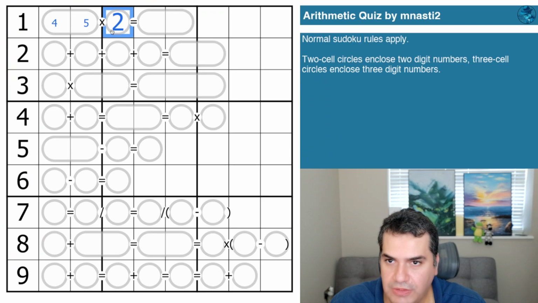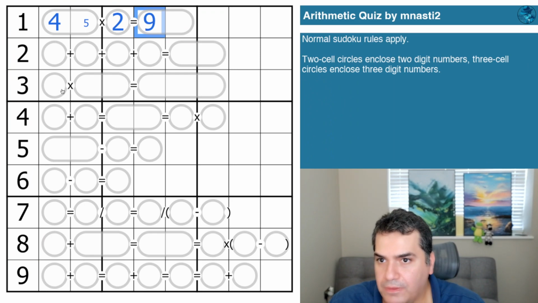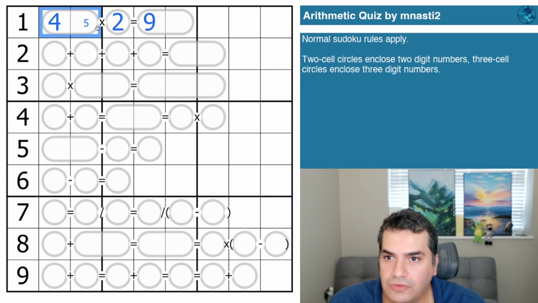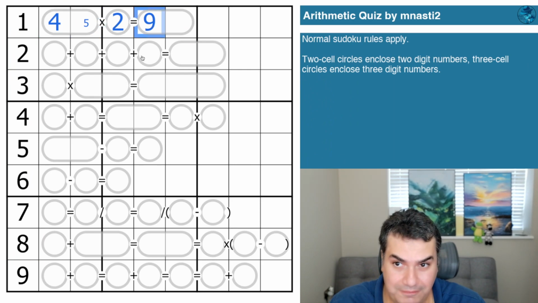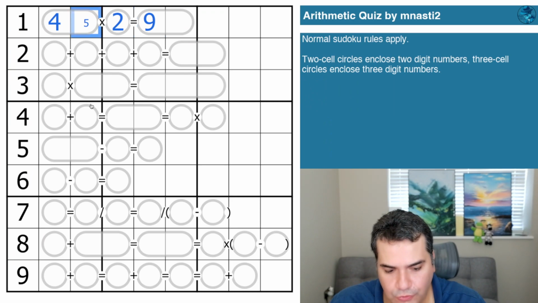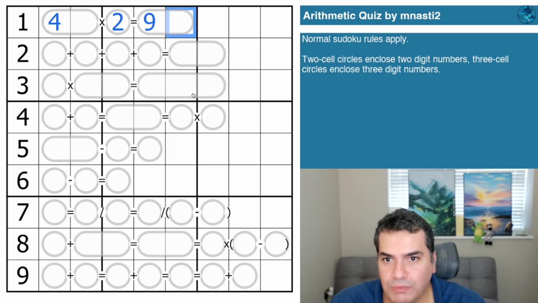So this is definitely a 2, this is definitely a 4, and I'm going to say this is definitely a 9, because whatever this is, it's a number greater than 45 multiplied by 2, so it is definitely 90 something. Now, it's not 45 because 45 times 2 would be 90.